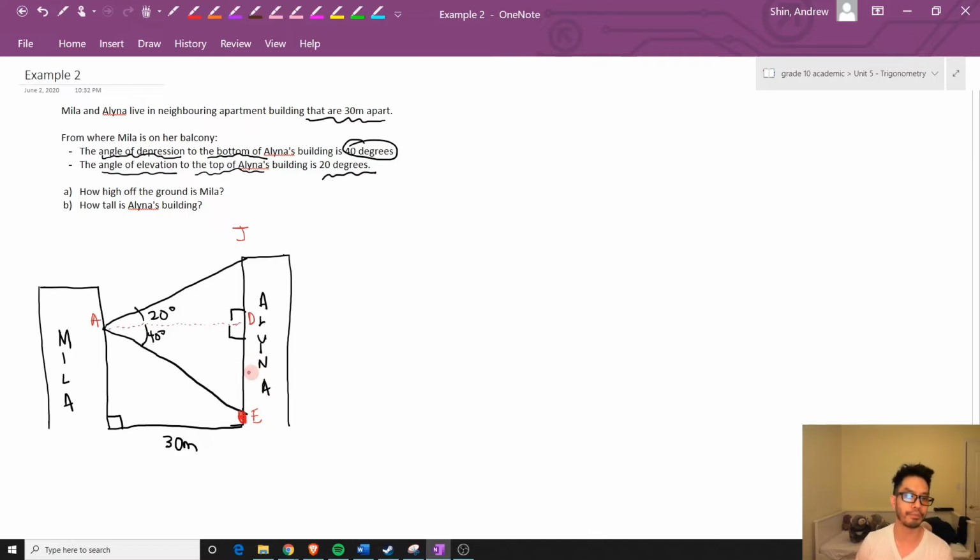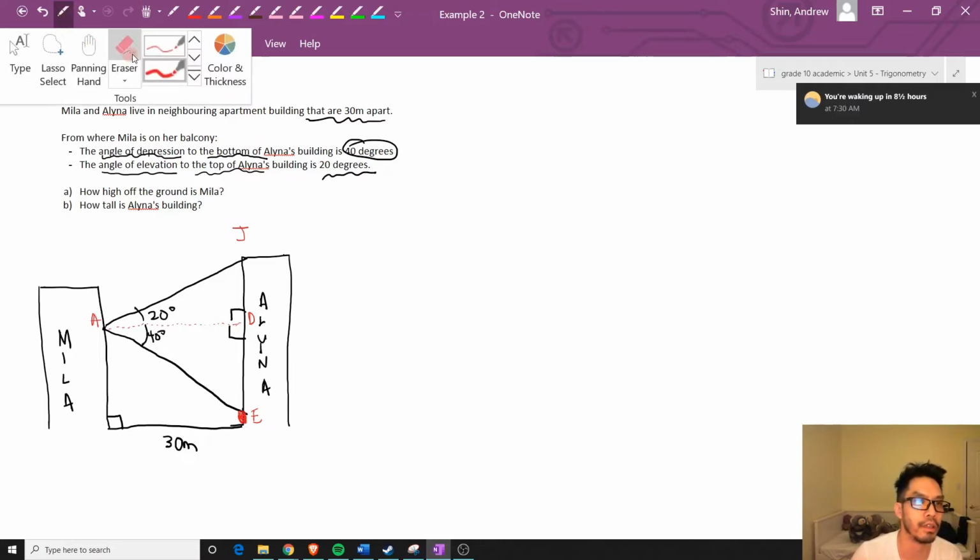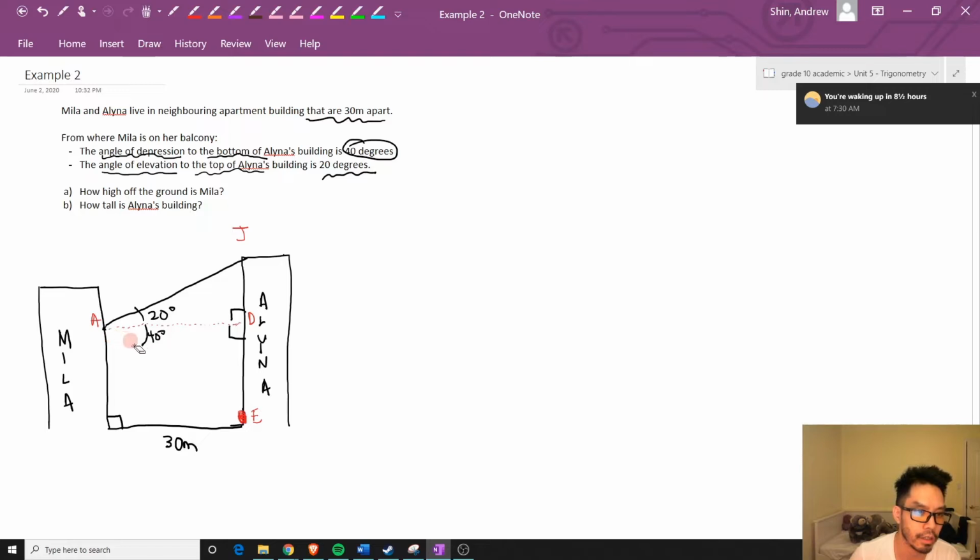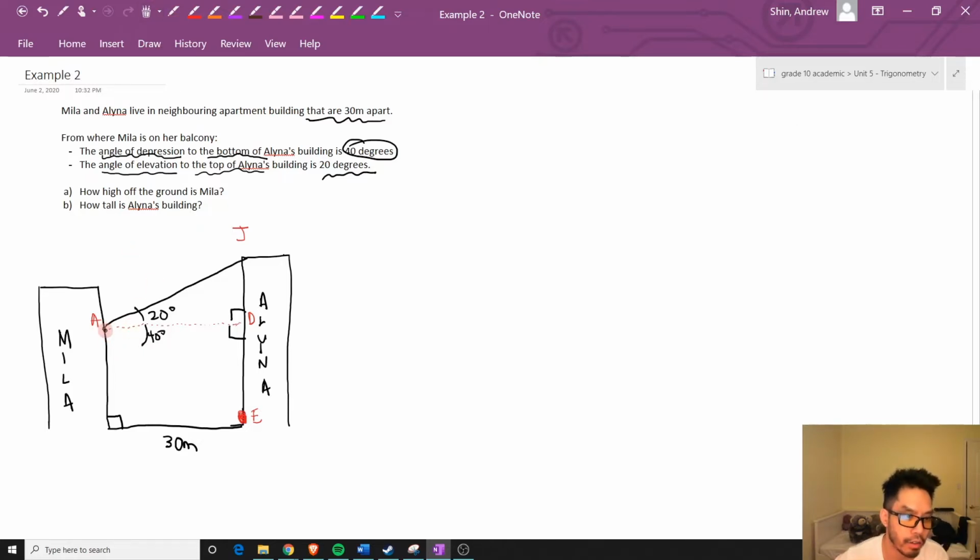E, okay. So now, in order to find out what's going on, I have to draw this part because it's not very clear. All right, let's go down to here to the bottom of the building. Okay, so that's going to be 40 degrees.